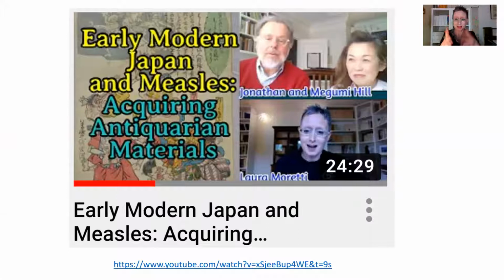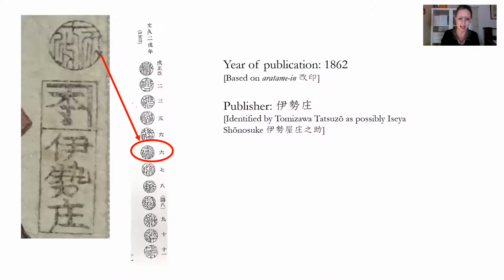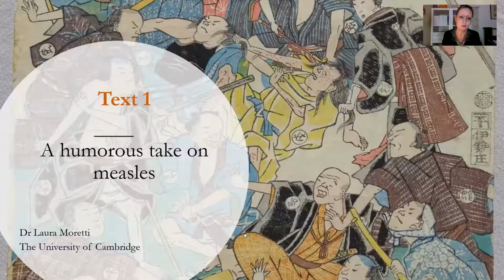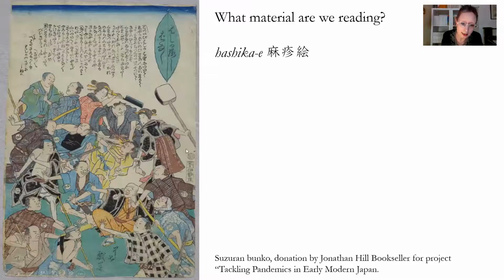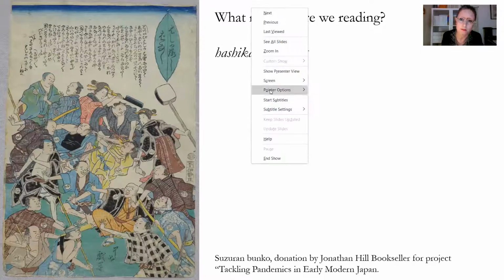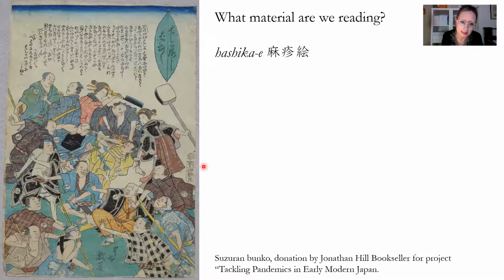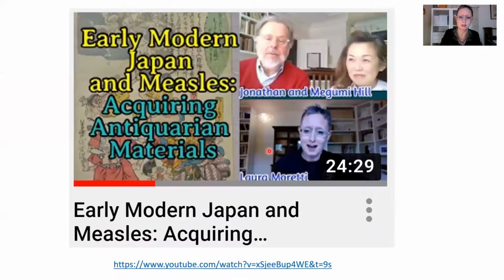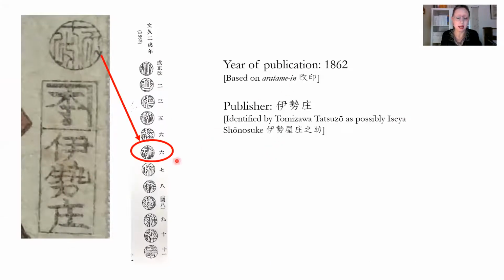Now, for us today, it is a matter of working on the text and decoding the text. Just a bit of information about this print. The year of publication is 1862. And as you can see here, we have what is called aratame-in.